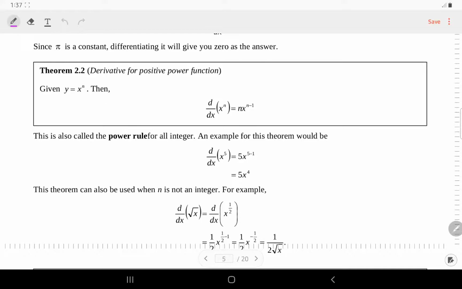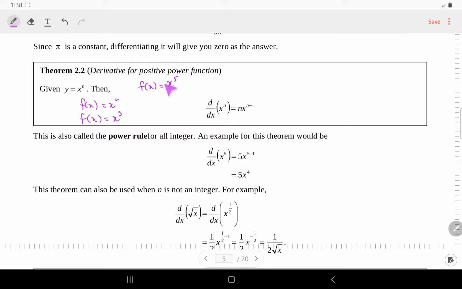Okay, then we look at this theorem, theorem 2.2 is the differentiation for positive power function. Okay, there is the function in the form like this, x power of n, where n is the positive power. Okay, for example, x square, x cube, x power of 5, okay, x power of positive number.